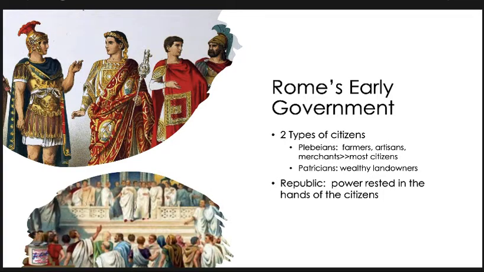And the two types of citizens that they had, one's called plebeians, and the other's called patricians. The plebeians would be more like your average, everyday people. Farmers, merchants, artisans. Most people were plebeians.